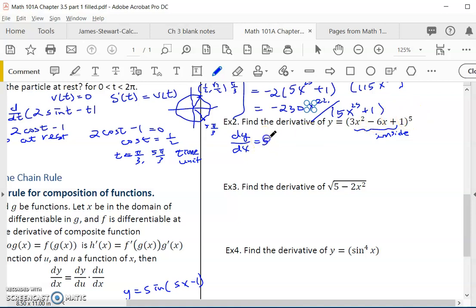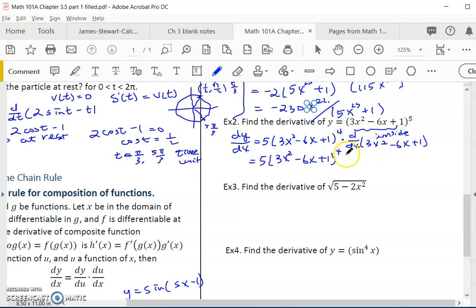So it will be 5, the same g of x, 3x squared minus 6x plus 1, to the 4, because you subtract 1. And then you multiply by d/dx of the inside, 3x squared minus 6x plus 1. So you copy the first part, 3x squared minus 6x plus 1 to the 4th.